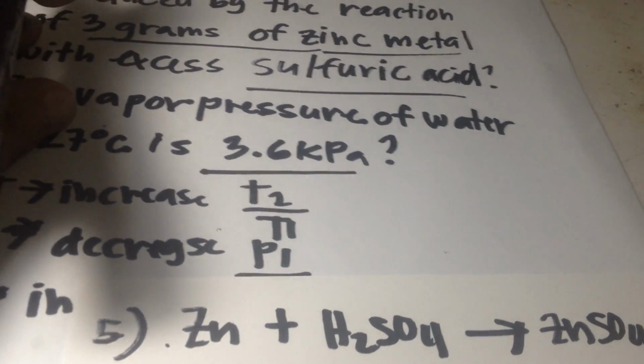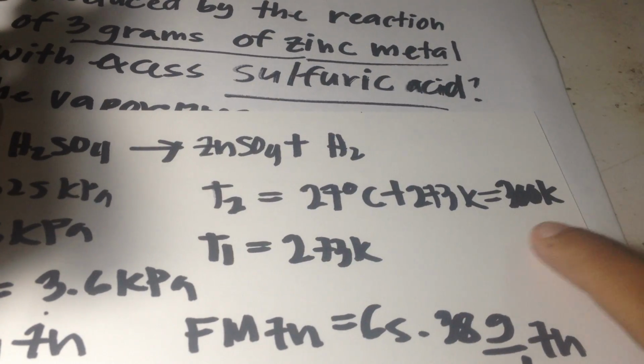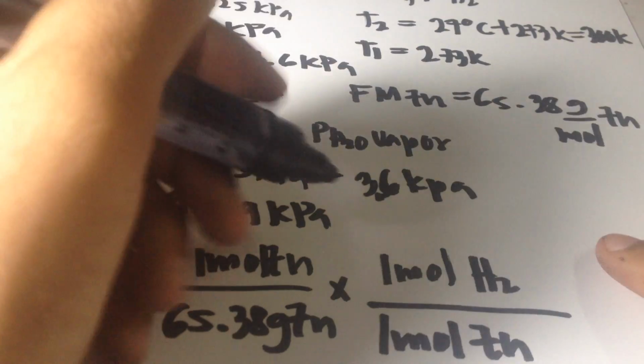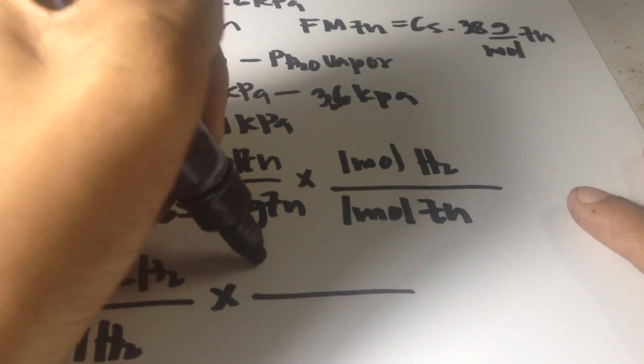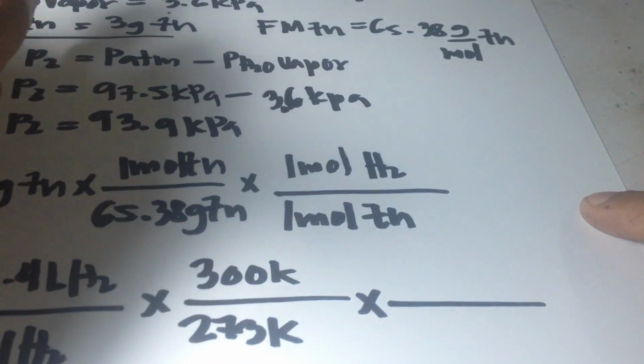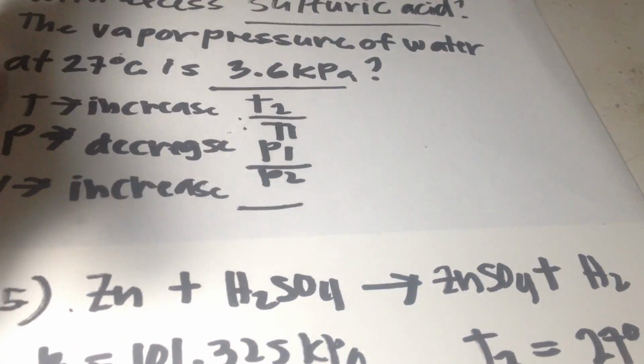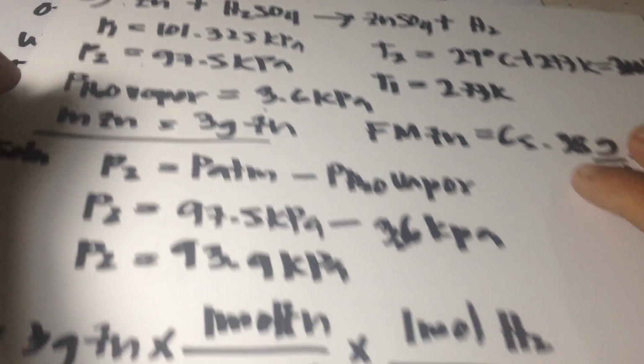Times the ratio of temperature increase, T2 over T1. The T2 is 300 Kelvin and T1 is 273 Kelvin. So 300 Kelvin over 273 Kelvin, times the pressure ratio, P1 over P2.